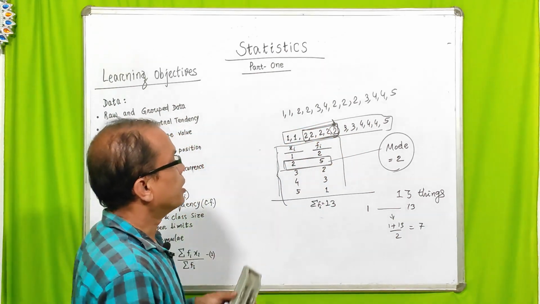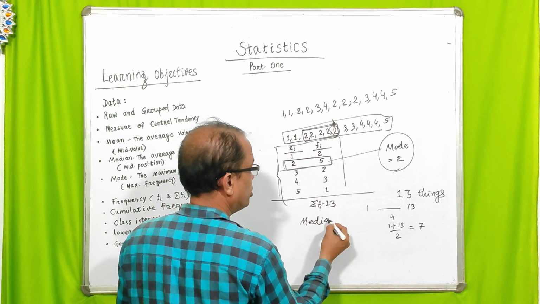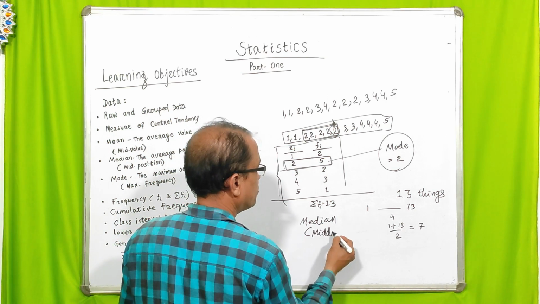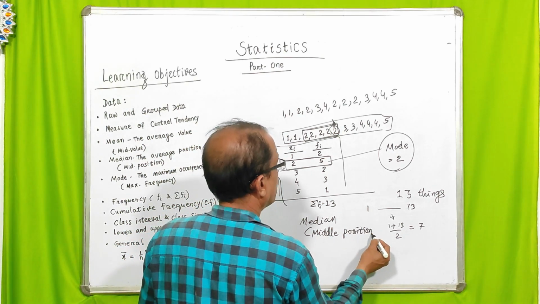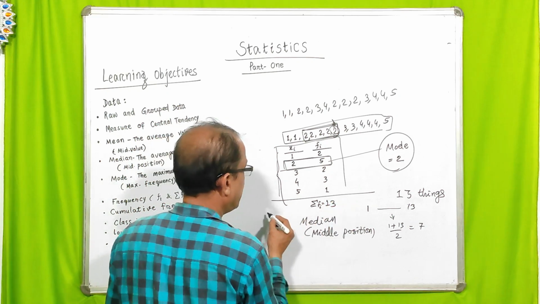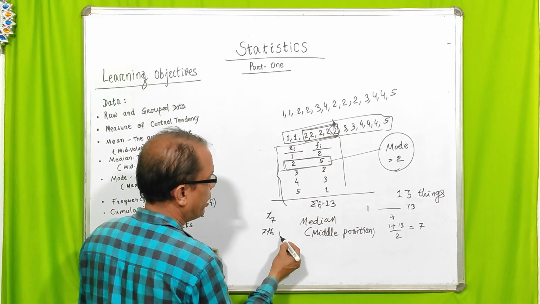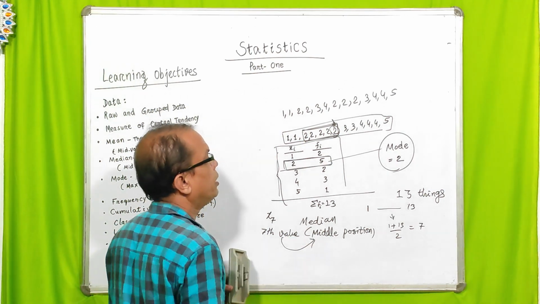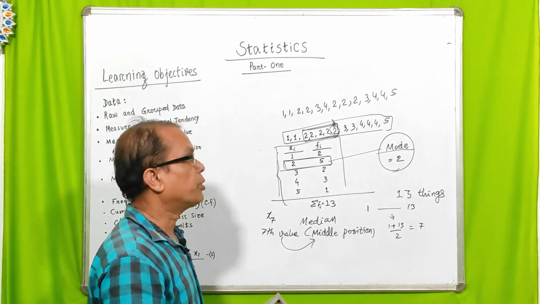So we can find median, which is a position, middle position. And in this data, the 7th one, x7 or the 7th value is the median, while 2 is the mode because it occurs maximum number of times.